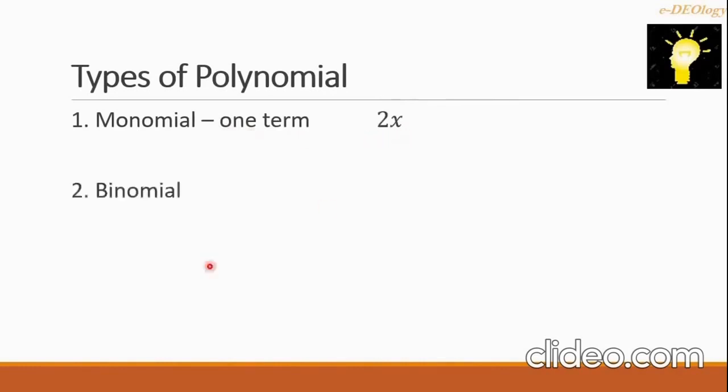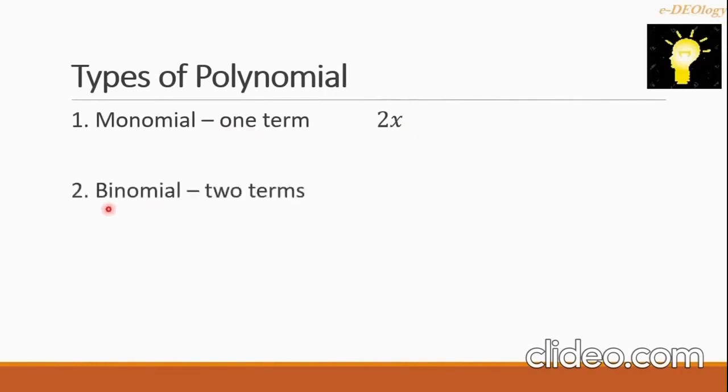Let's go now to types of polynomial. The first is monomial. The word mono means there is one term in that polynomial. Our example here is 2x. There is only one term. The second is binomial.